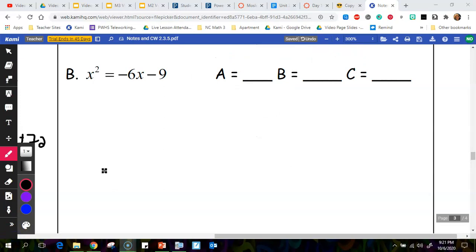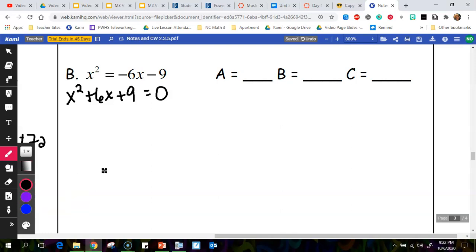All right, maybe this one will be more interesting. Let's see, x squared, I need to add 6x on both sides and add 9 on both sides, equals 0. I'm looking at this one and this is a perfect square trinomial. I don't really need to use the quadratic formula on this one, but we will anyway.